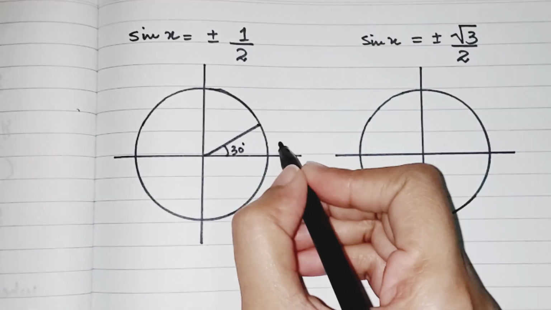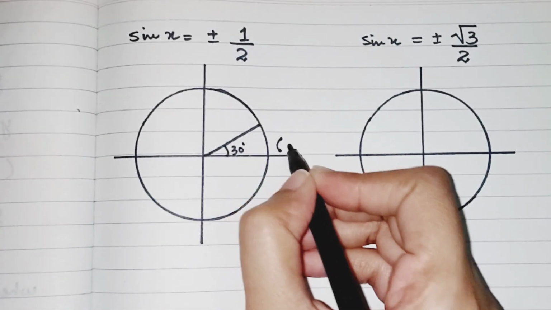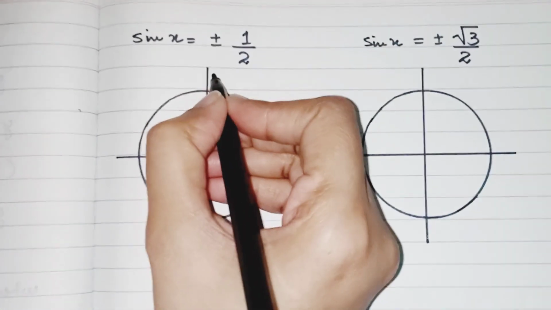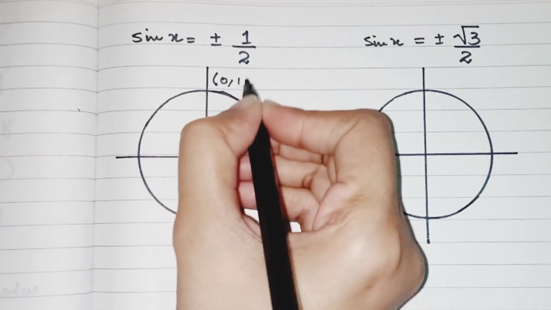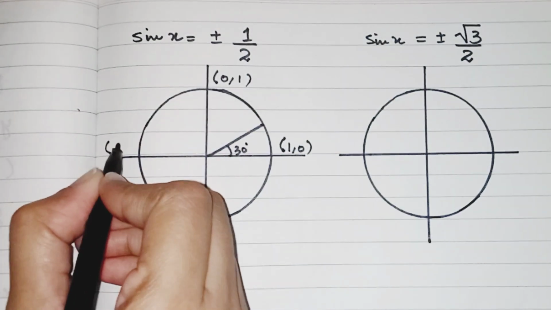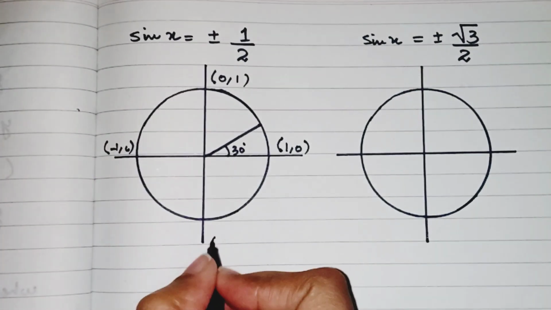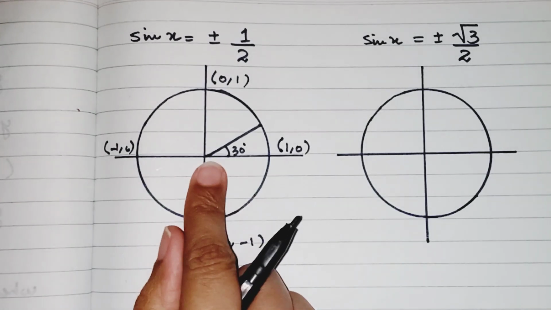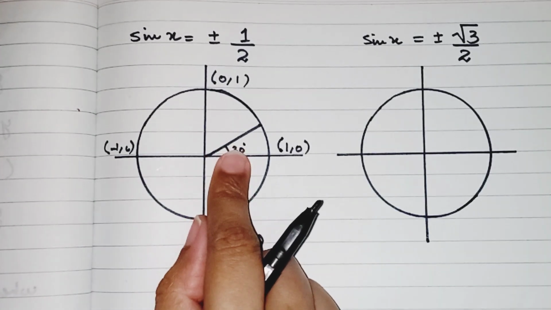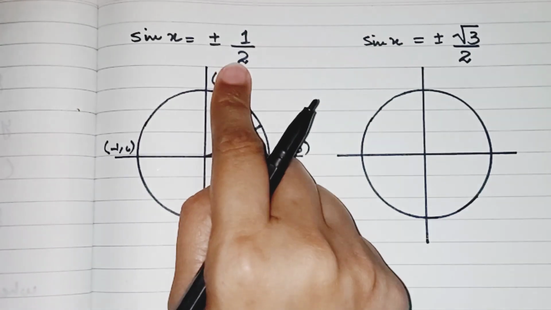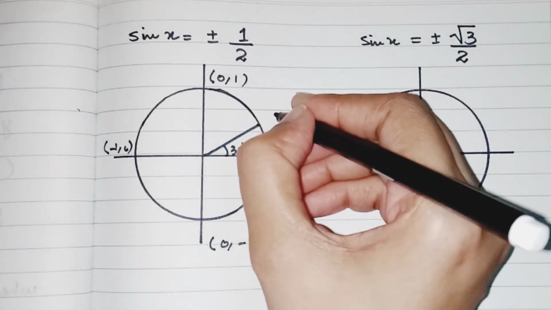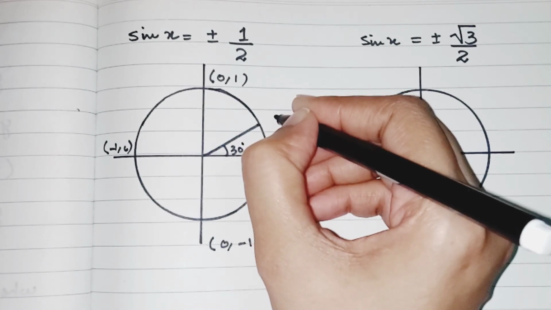But before that, this coordinate is known as 1, 0, this one is 0, 1, this one is minus 1, 0, and the fourth one is 0, minus 1. So this coordinate is 30 degree, which shows the value of sine theta, 1 upon 2 with the positive sign.